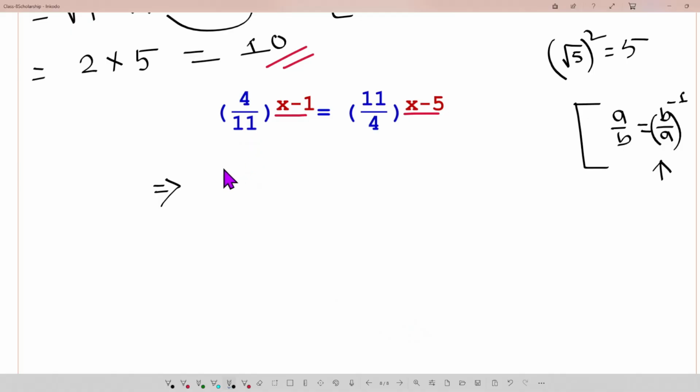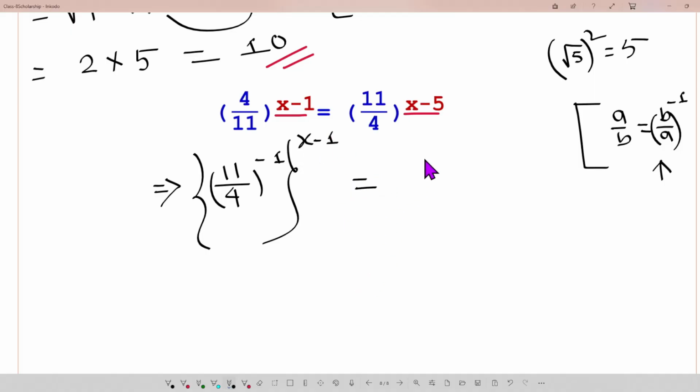So we can write this one as 11 divide 4 to the power minus 1, and whole to the power x minus 1. Okay, equals 11 divide 4 to the power x minus 5.